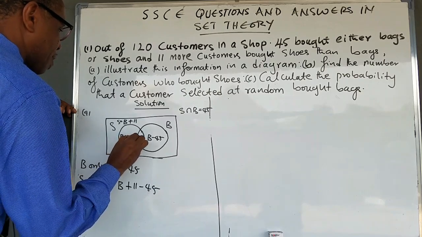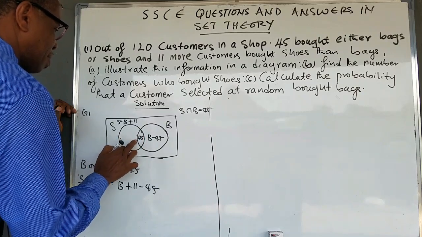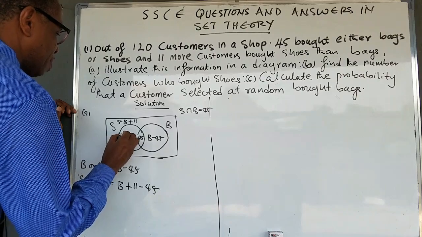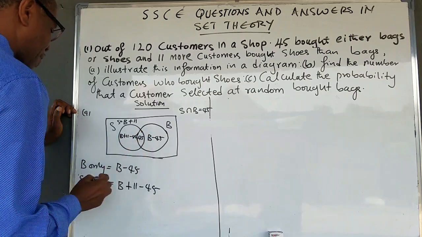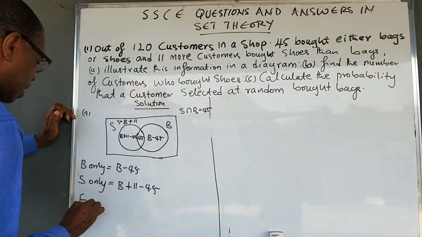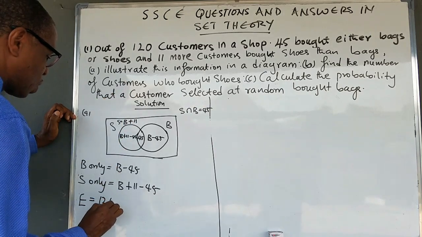Let me put it very clear, because they asked us to show it here too. That will be B plus 11 minus 45. That's X only. Remember that our E is the universal set, which we have here as 120.